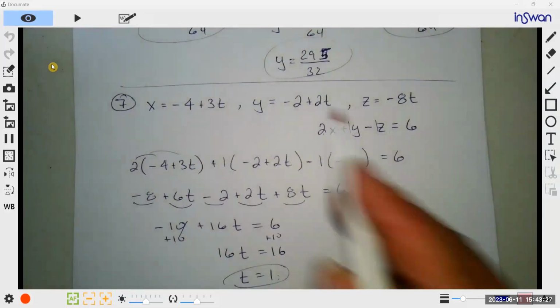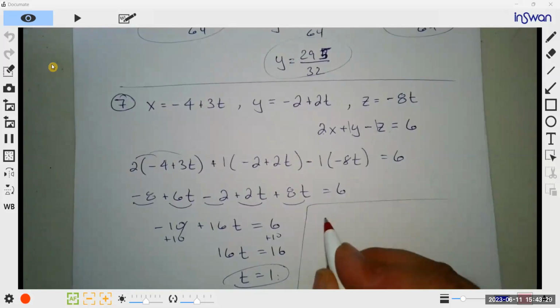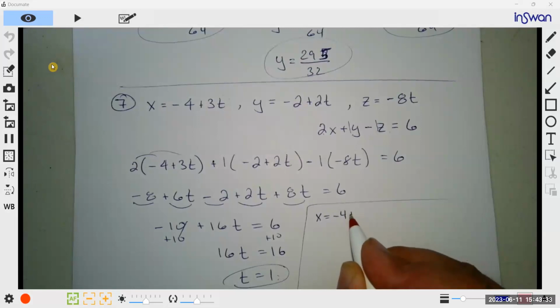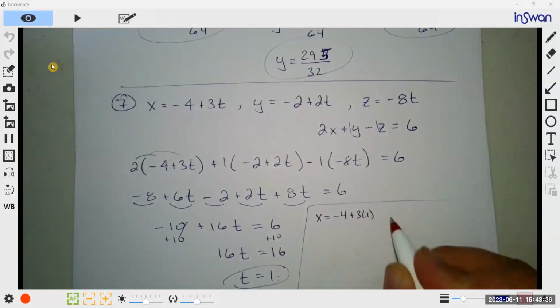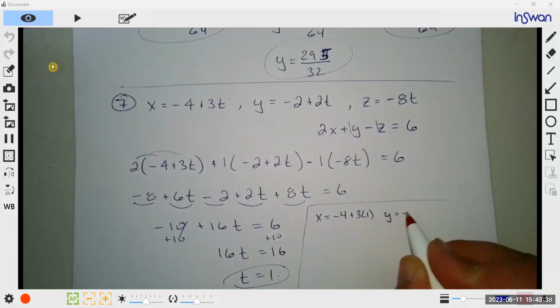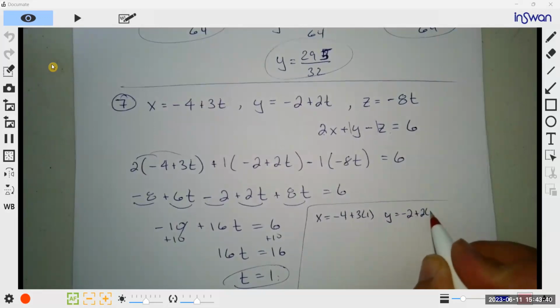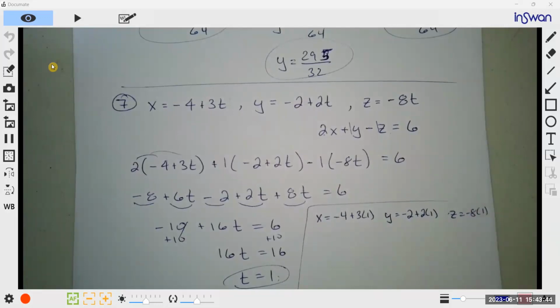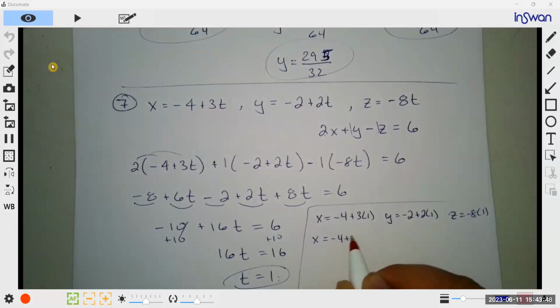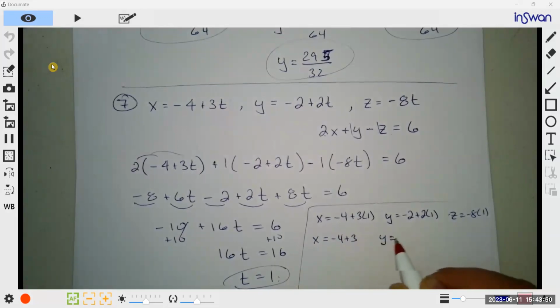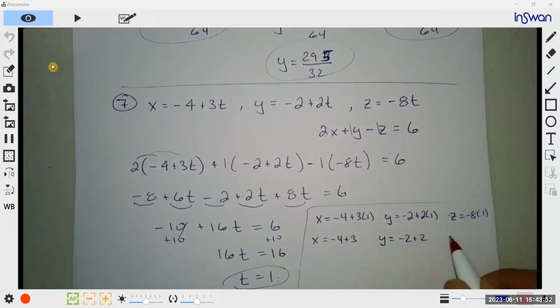So take this, plug in each one of those. Negative 4 plus 3 times 1. Negative 2 plus 2 times 1. Negative 8 times 1. Negative 4 plus 3. Negative 2 plus 2.